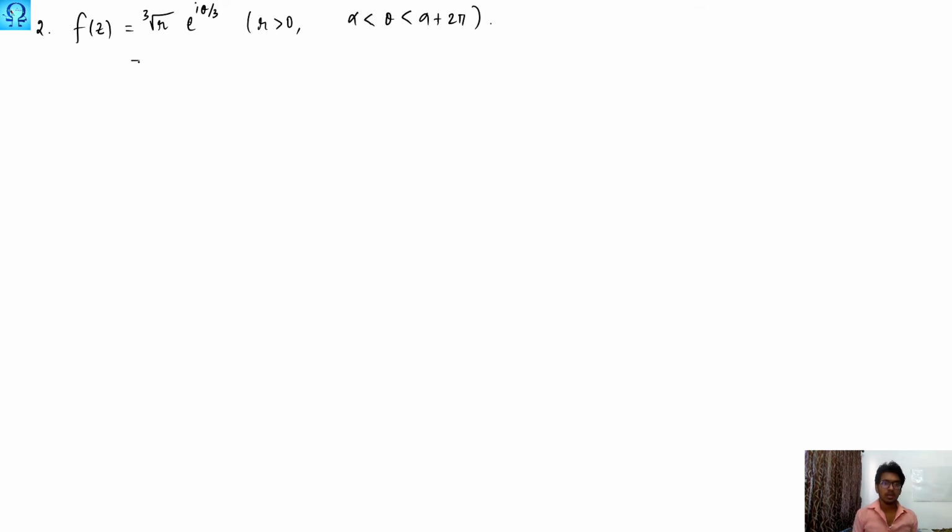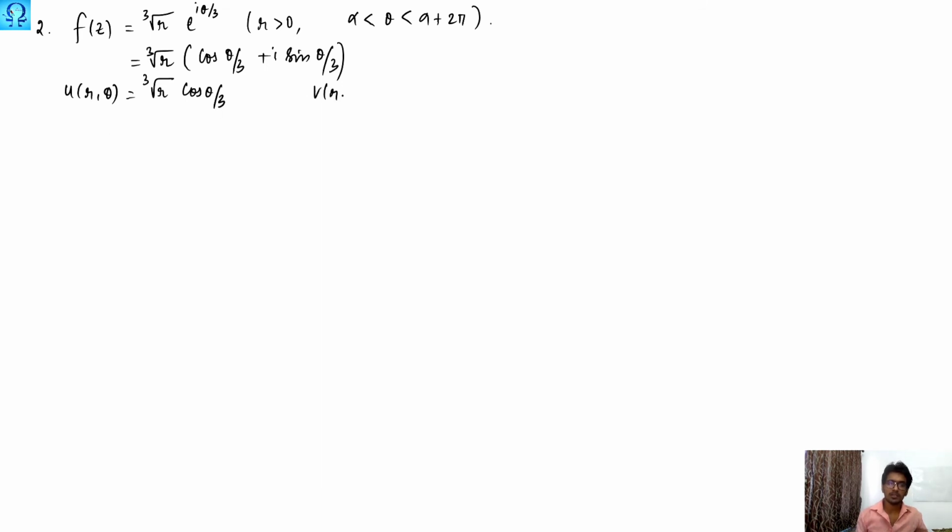Here if you expand these things, you are going to get cos theta upon 3 plus iota times sine theta upon 3. Therefore your u of r comma theta is cube root of r multiplied with cosine theta upon 3, and v of r comma theta is again cube root of r sine theta upon 3.